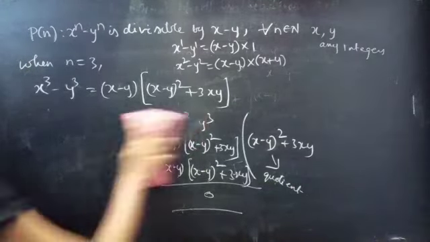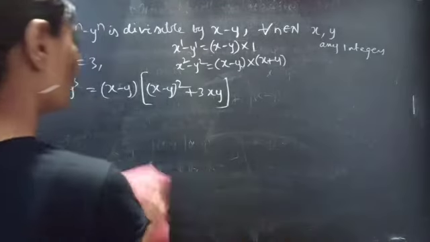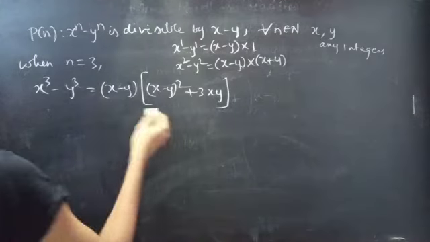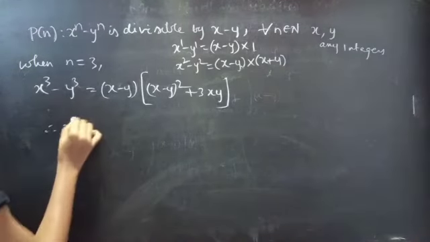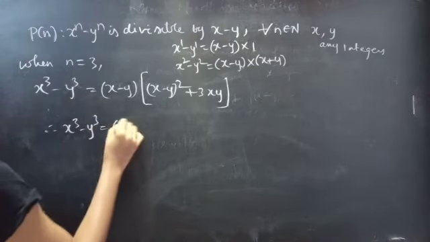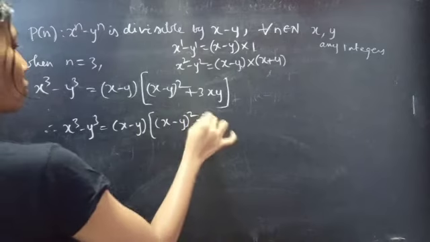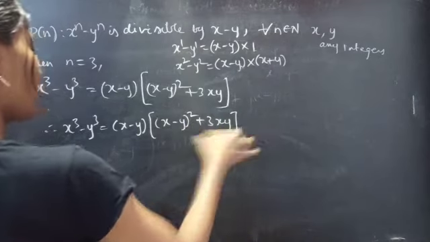So from this we can say that the statement is true for n equals 3. Therefore x cube minus y cube equals (x minus y) into [(x minus y) whole square plus 3xy].